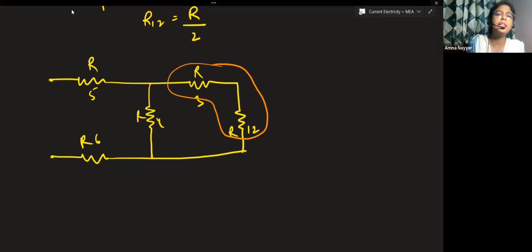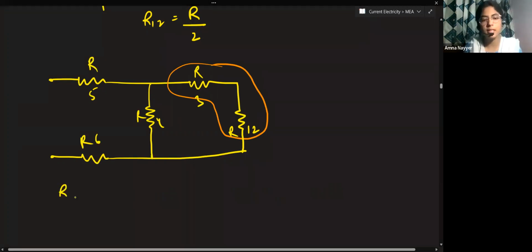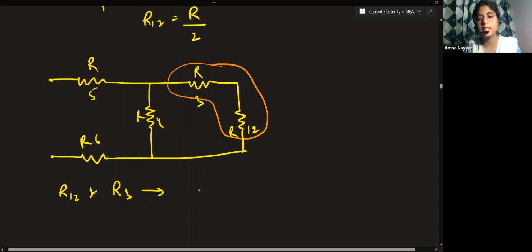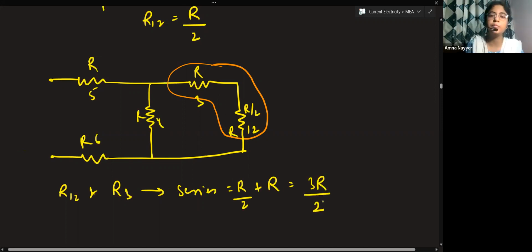It means they are connected in which manner? Series or parallel? Series. So R12 and R3 are connected in series. So in series, you have to directly add them. This is R by 2, so it becomes R by 2 plus R. So this is R plus 2R, which is 3R divided by 2.